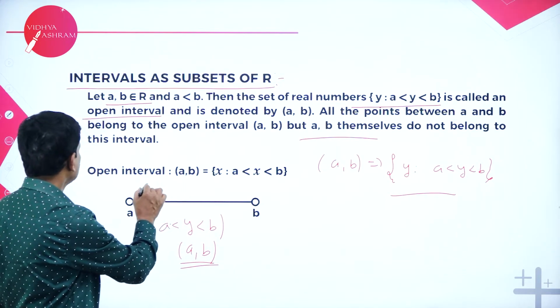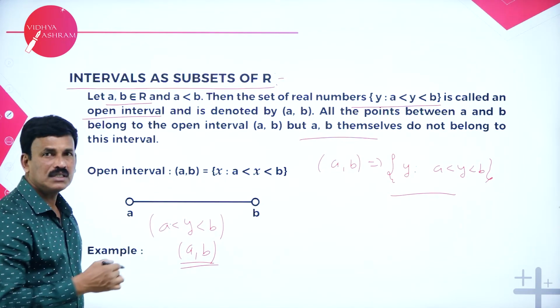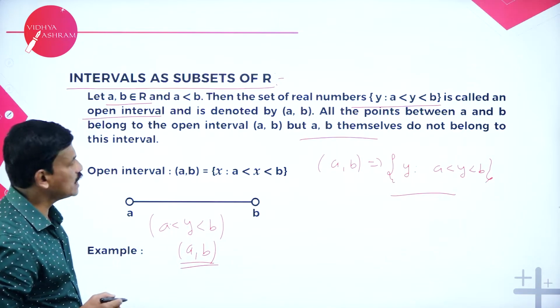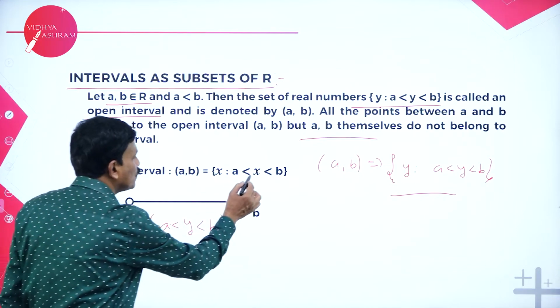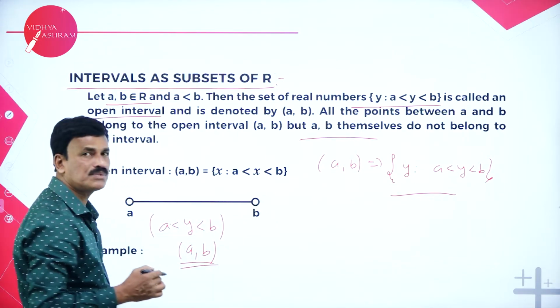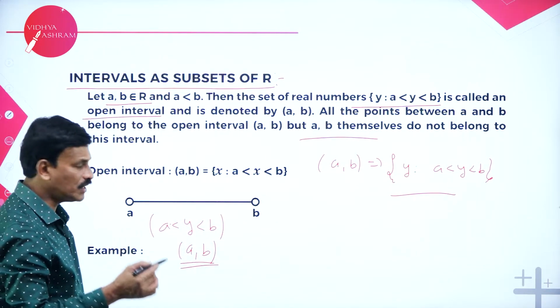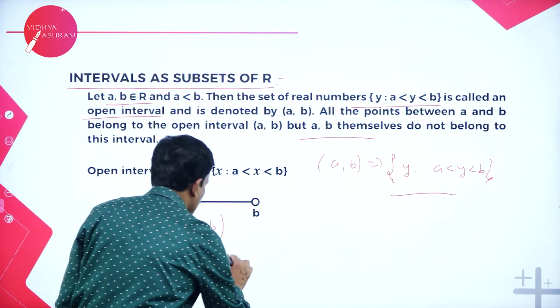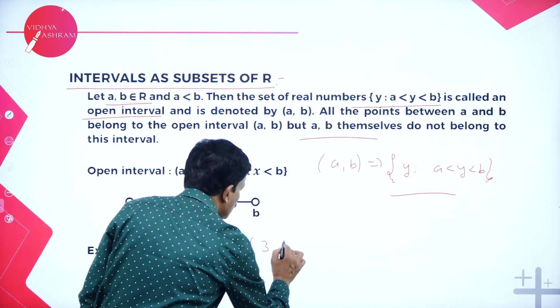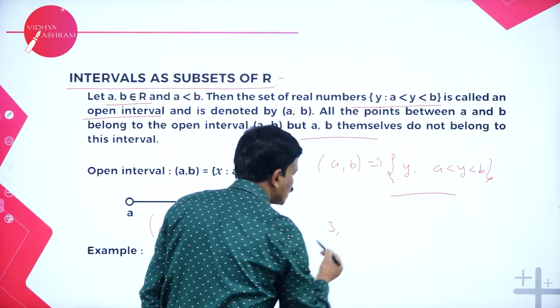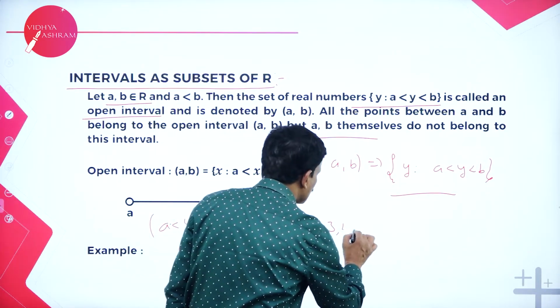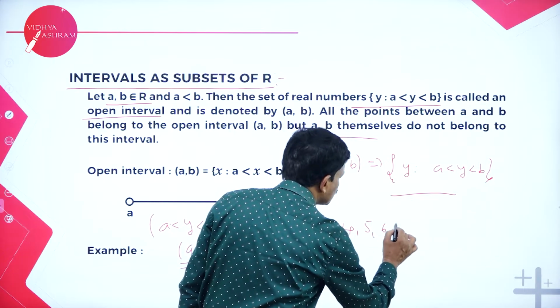So, in an open interval (a, b), x such that a less than x less than b, all the values of x which lie between a and b come under the open interval. Now, let us consider an example. For example, (3, 7). Now, what are the elements of it? You can write the elements first: 3, 4, 5, 6 and 7.